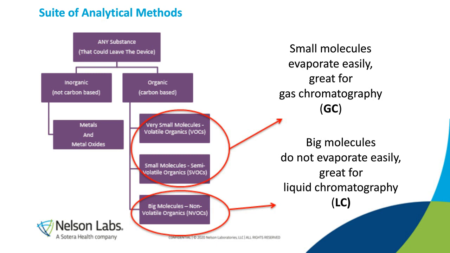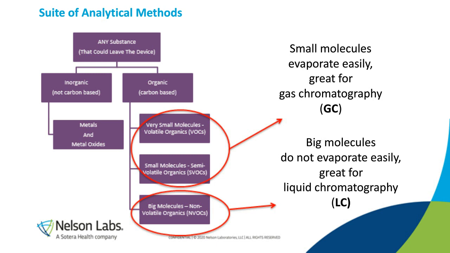The analytical methods that we have on hand that are capable of this are all chromatographic methods. So we use a lot of GC and liquid chromatography, ICP-MS and ICP-OES for inorganic compounds. Using these tools, we create wide open screens, and we look for as many different things as we can.